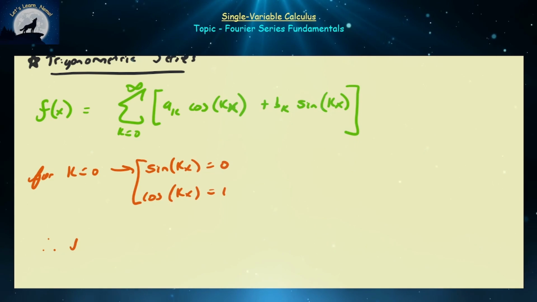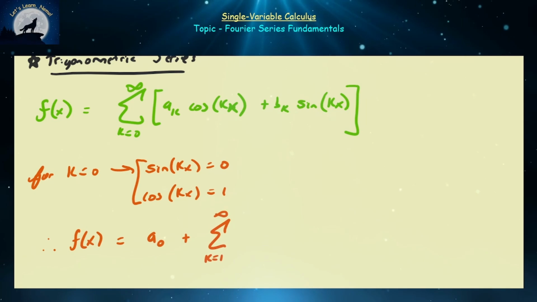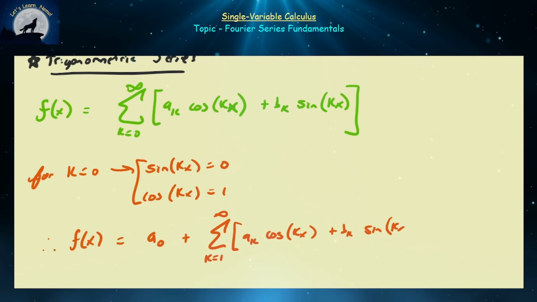So therefore, we can represent f of x as a0, which is sometimes called the mean value of the trigonometric series, plus the sum from k equals 1 to infinity of your trigonometric series portion, ak times the cosine of kx plus bk times the sine of kx.